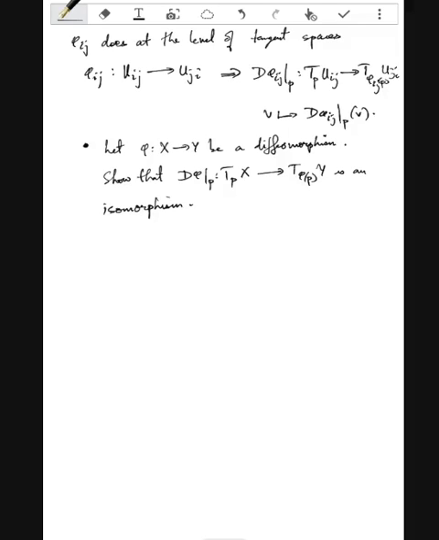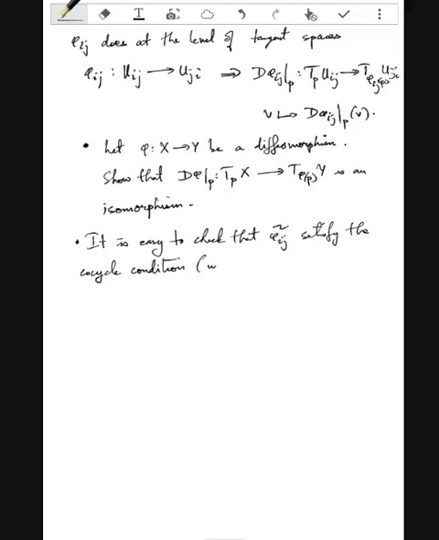This is very easy. It is also easy to check that phi ij tilde satisfy the cocycle condition. So use the chain rule. I will leave that also as an exercise.